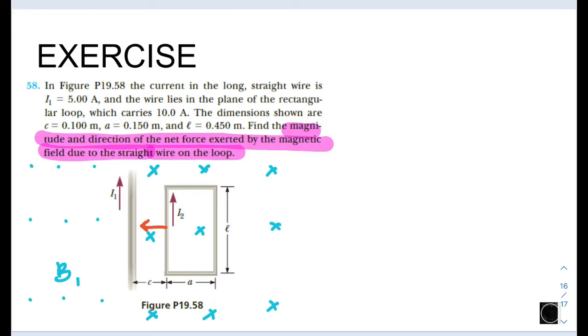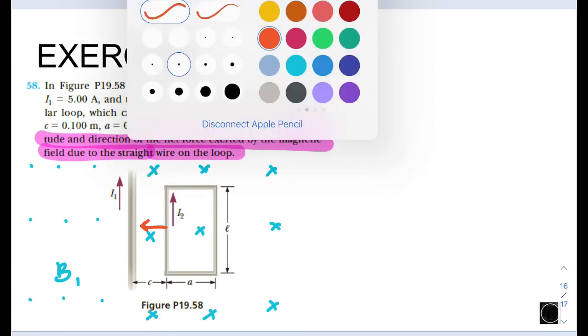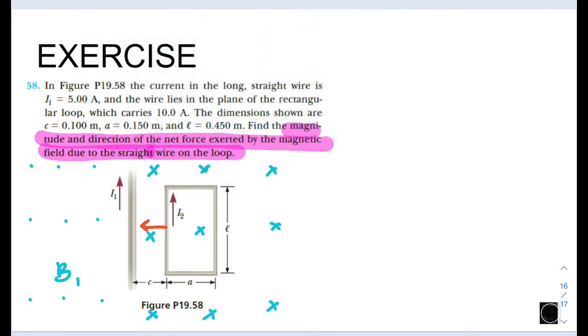Next one will be for this side. The current flowing within this side will be downward. This is the direction of the current flow. So place your index finger along I2 flowing within this section, which is to the bottom of the screen.